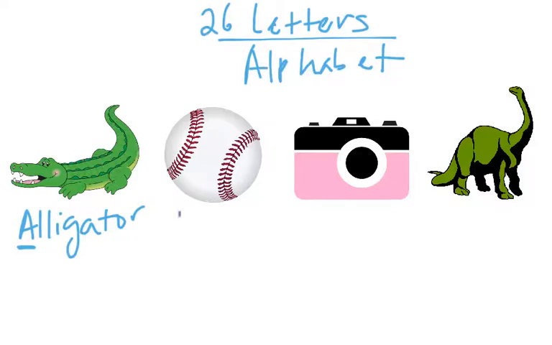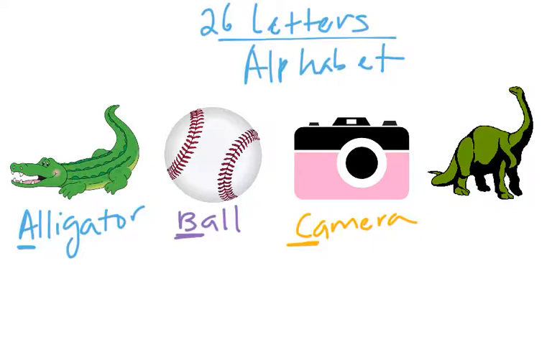This is a ball. So you have B for ball, and in particular, this is a baseball. Now, the next picture here is showing a camera. So we are saying C for camera.